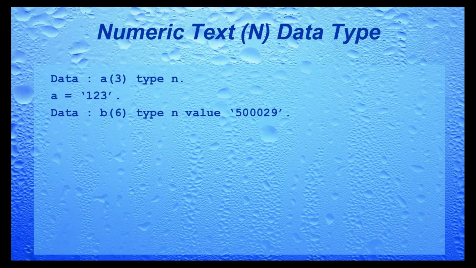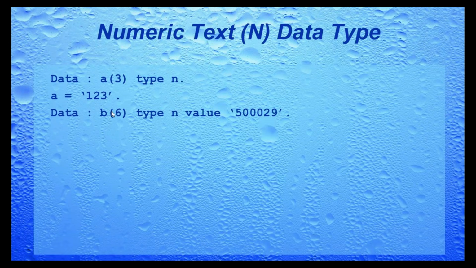Now here, numeric text data. In numeric text, you have to mention the length, and default length will be 1. This is the way we have, and we can also assign the value in the declaration part itself instead of going for the next line.